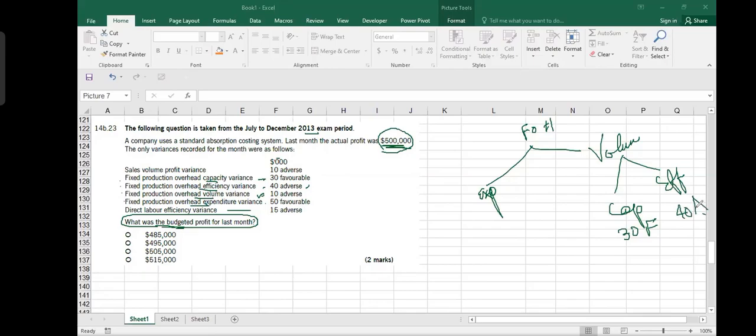And the net result of these two, 30 favorable and 40 adverse, volume is 10 adverse. So either you just take this number, or you can take these two. If you want to use these two, then you must ignore this. But I would rather ignore these two and I will just take 10 adverse. This is the only thing you need to pay attention to.